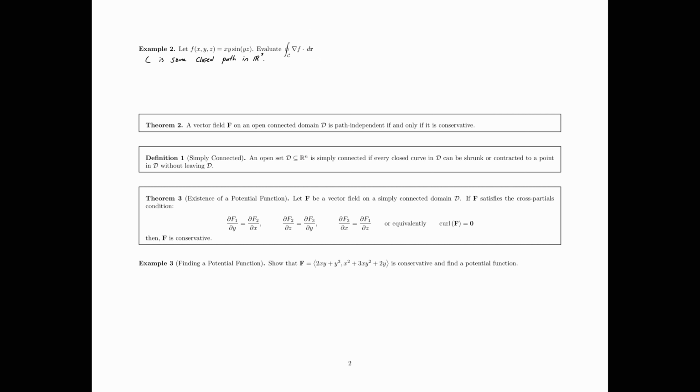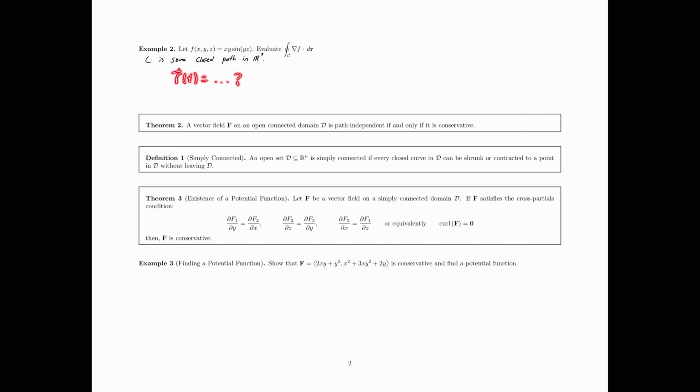Okay, well, because they didn't tell us any other information about c, there's no way that we could possibly come up with some r of t. There's no way to actually figure this out. It's not possible to write this down because we do not have sufficient information. We don't even know what the endpoints of the path are, let alone what kind of path it is or what it looks like.